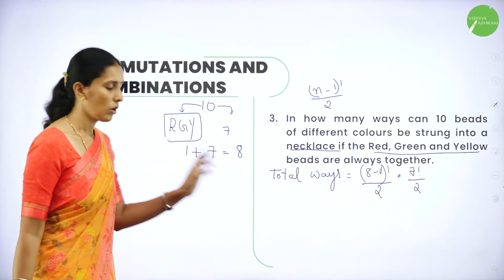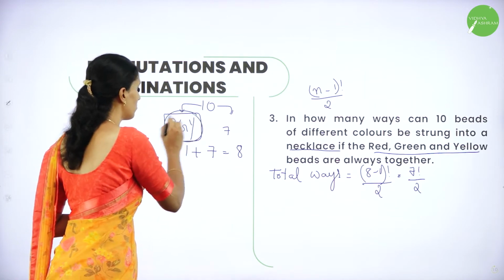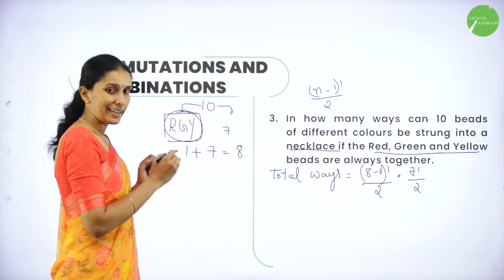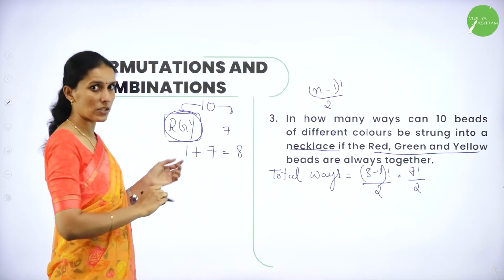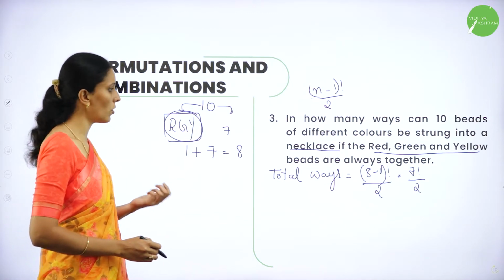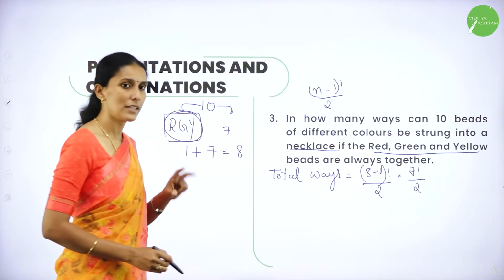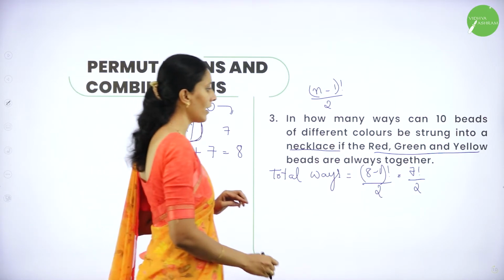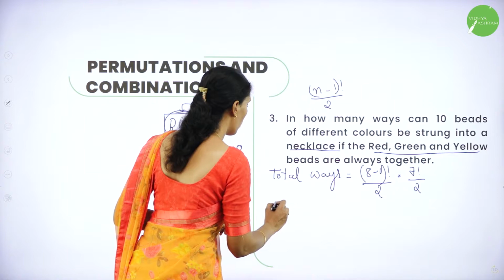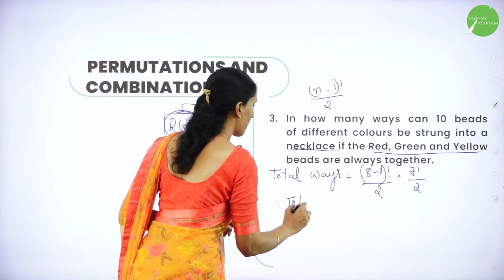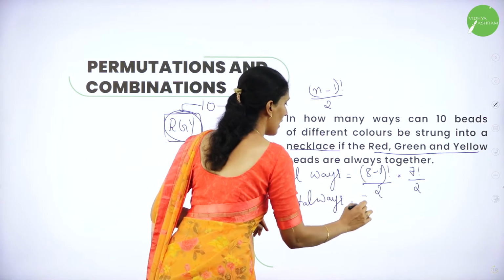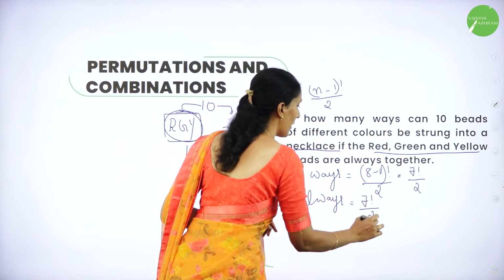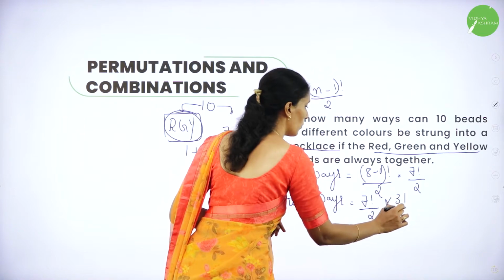What about the arrangement within the group? It can be placed as red, green, yellow, or green, yellow, red, or yellow, red, green. So the order can also change. 3 different beads are there, so the total ways for this is 7 factorial divided by 2, into 3 factorial.